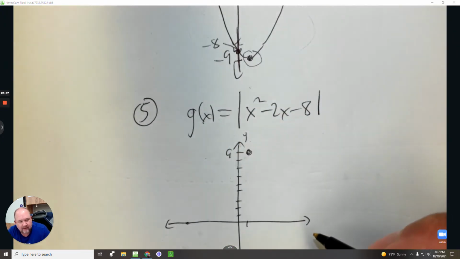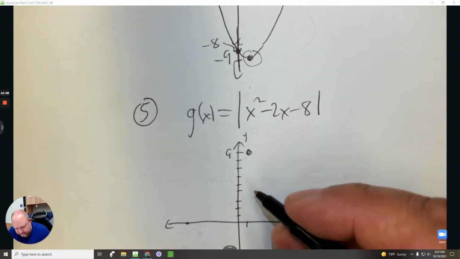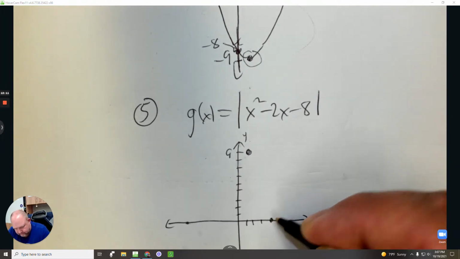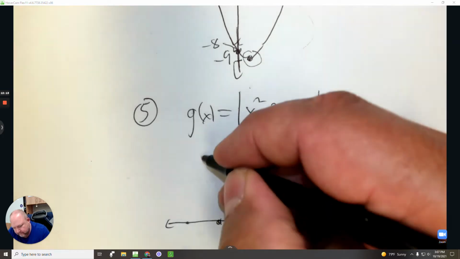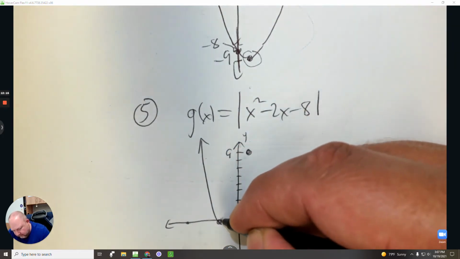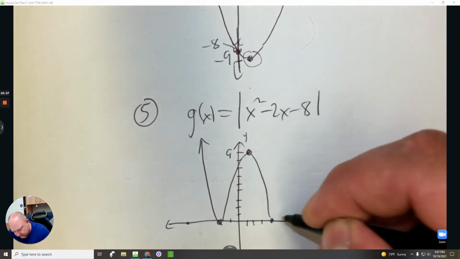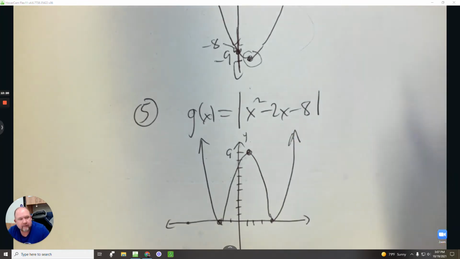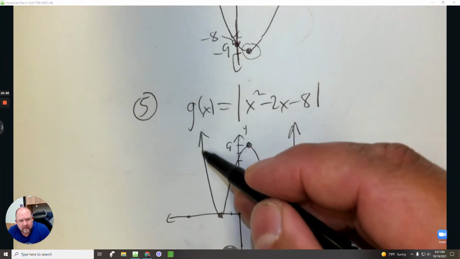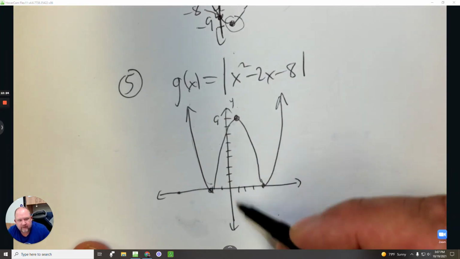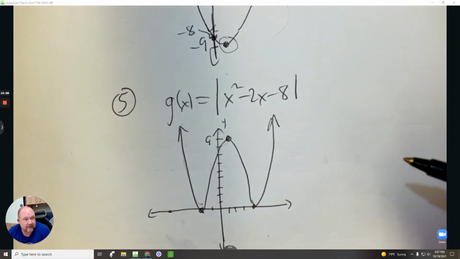And then our intercepts would stay the same. And so this is what the graph would look like. It comes down, so the part that was underneath got reflected up. It kind of looks like a W now.